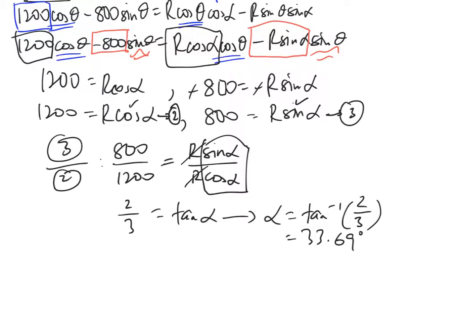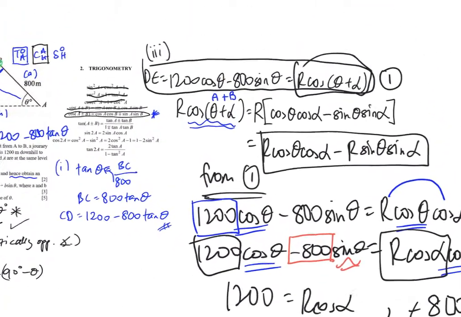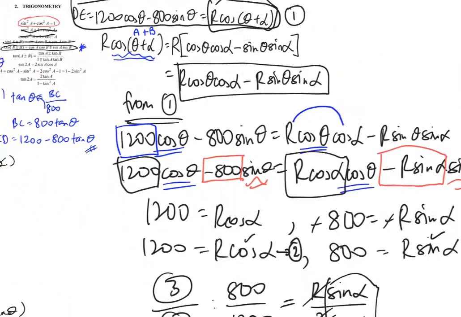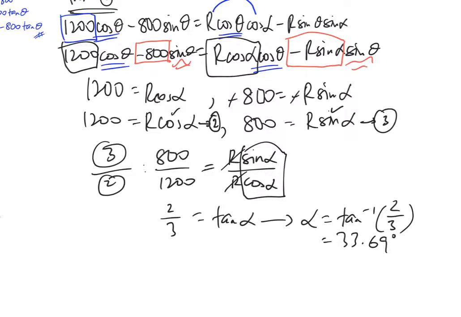This time around, we must try to eliminate or take away sine and cosine. The way to do that is to use this formula that we actually cancelled out earlier. This one right here, that says sine square A plus cosine square A equals to 1. We got to use that formula to help us out.